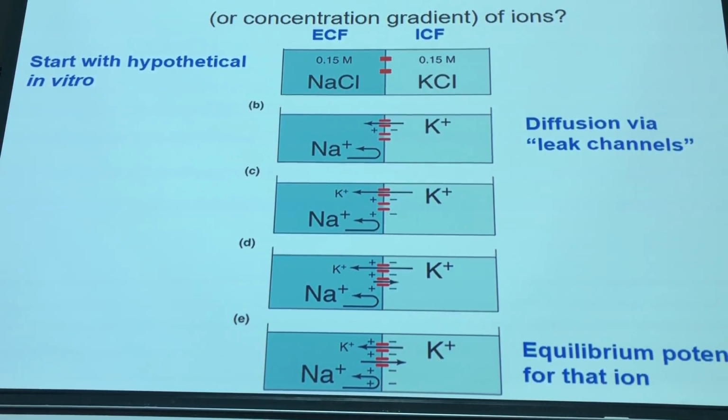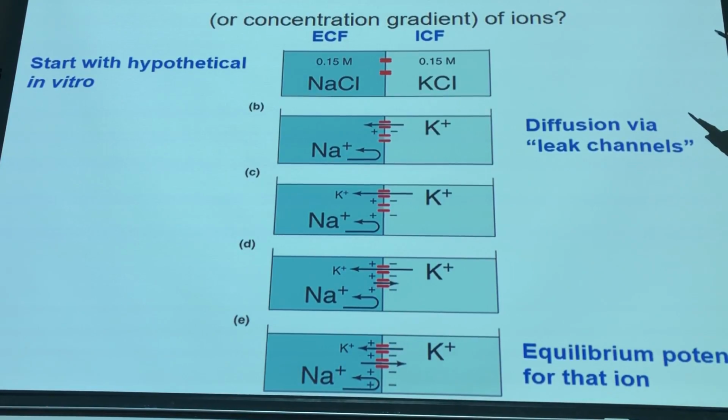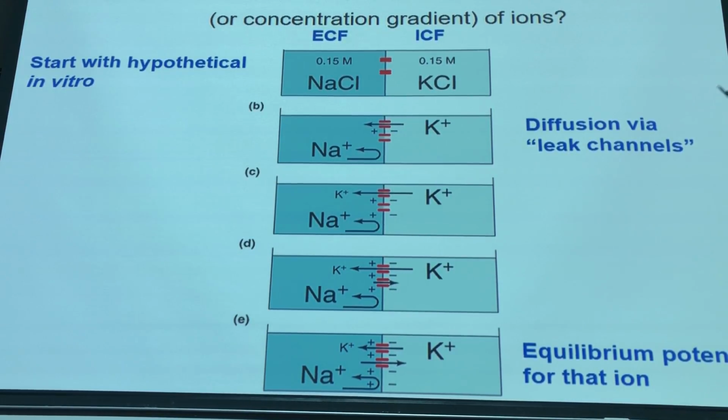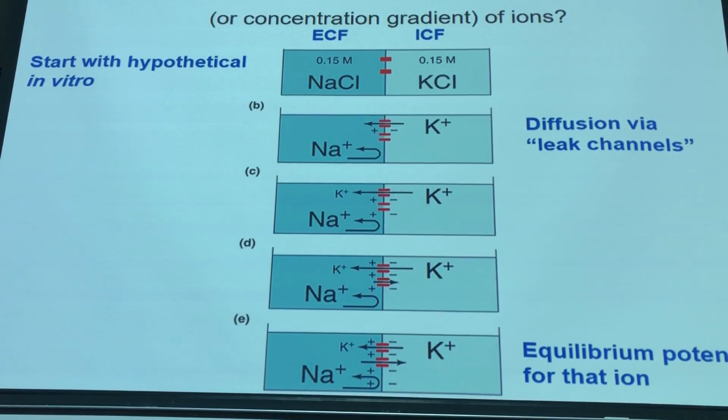More specifically, the equilibrium potential is the electrical force that is needed to balance the movement of ions that result from a concentration gradient. It'll make sense when you go over it again.